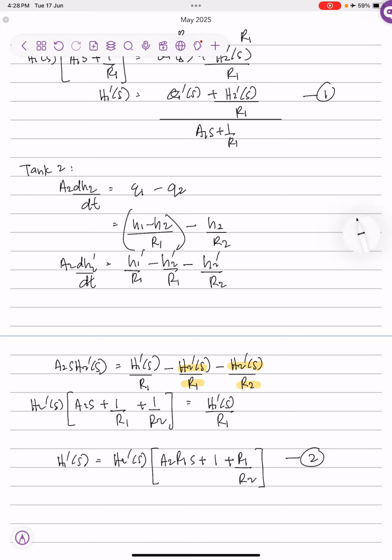So substitute equation 1 into equation 2.